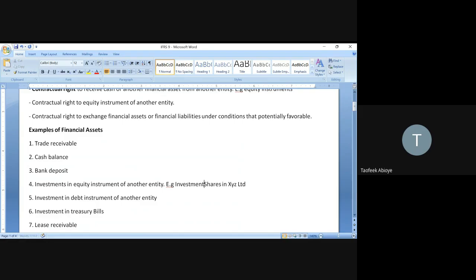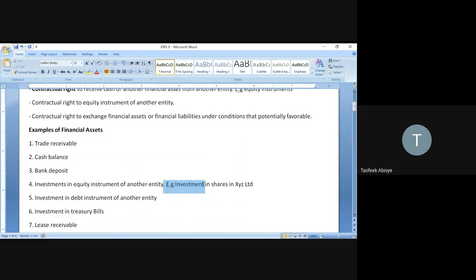Investments in shares in XYZ Limited. So this is an example of an equity instrument of another entity. As a company, Taufik PLC, I now invest in shares in XYZ. So it is an equity instrument of another entity, so in my account it is a financial asset.